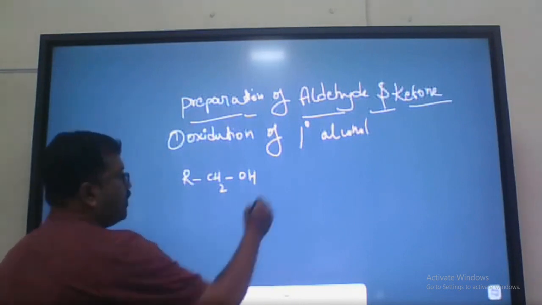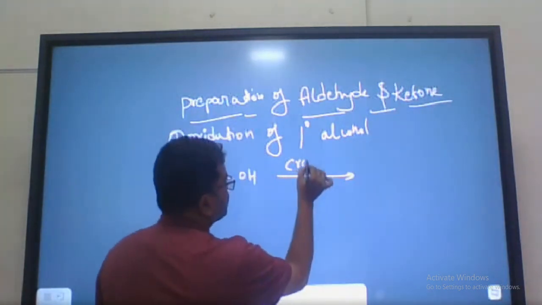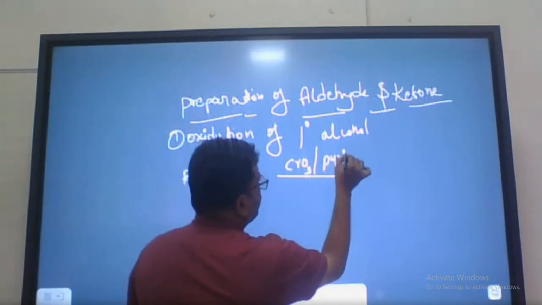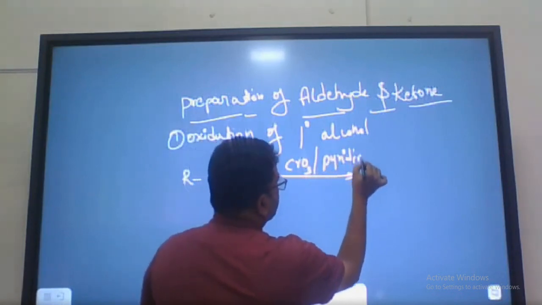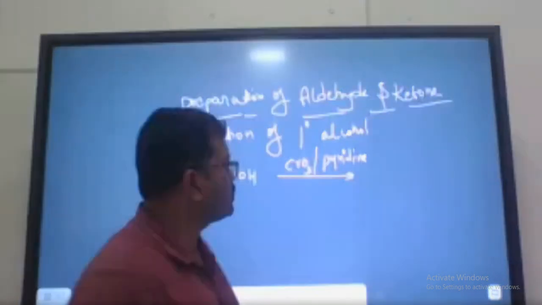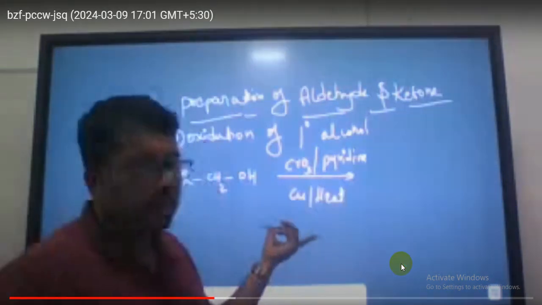The primary alcohol, with chromium trioxide in the presence of pyridine, gives only aldehyde. Or copper and heat.